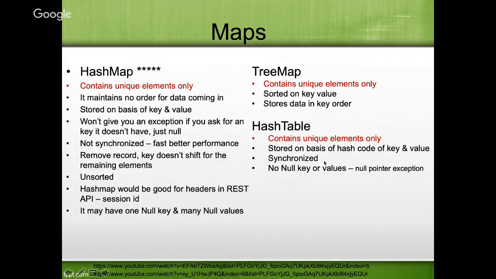You can't have a null key and you can't have a null value, or you'll get an exception. I've seen that. So tree map contains only unique elements, again, stored on key value, and it stores data in key order. So that's kind of good. If you needed your data stored in order, that would work for you.